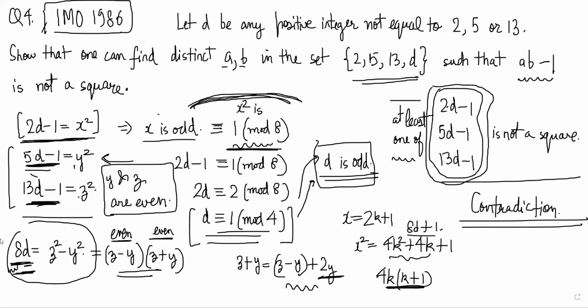Okay, then let's look at another one. This is International Maths Olympiad, not so hard though, right? But a little tricky. Once you get that idea, then it's obviously not so hard.